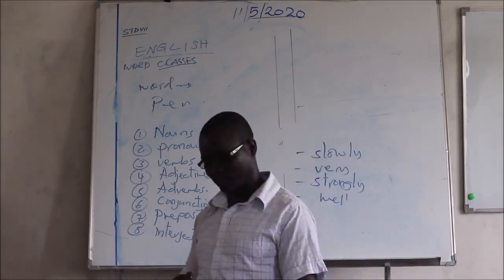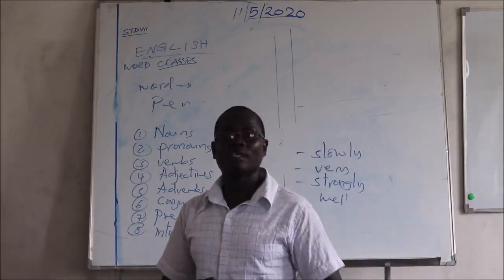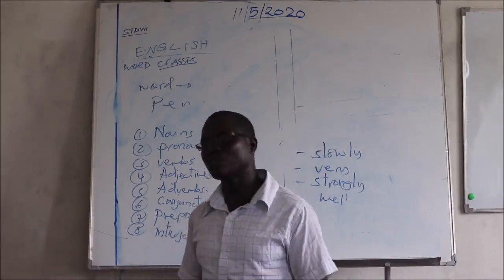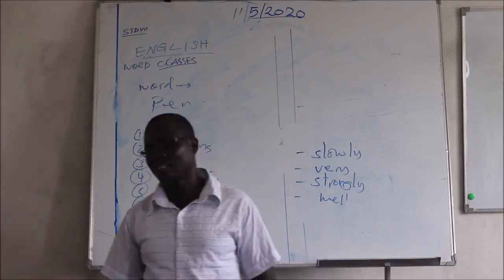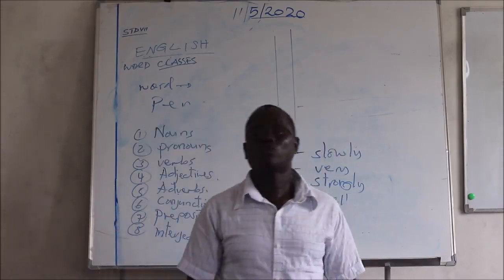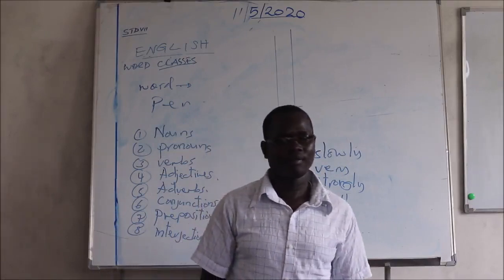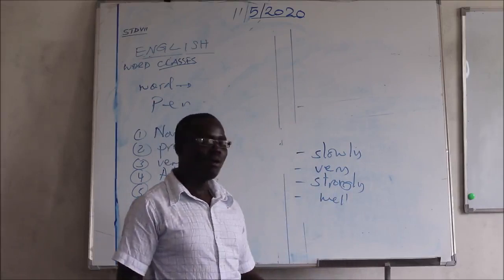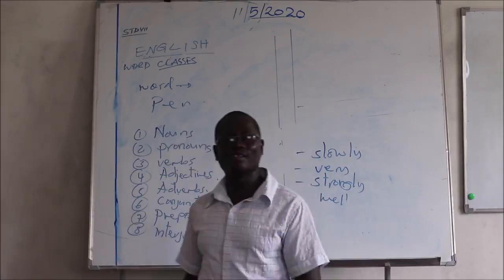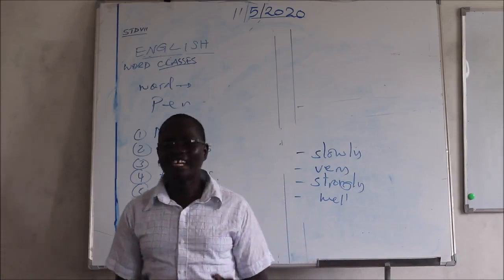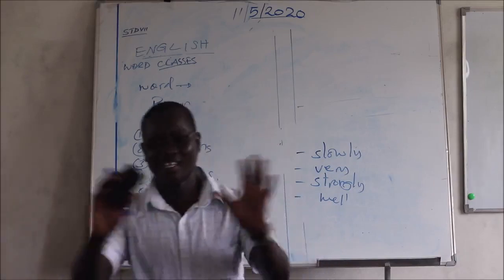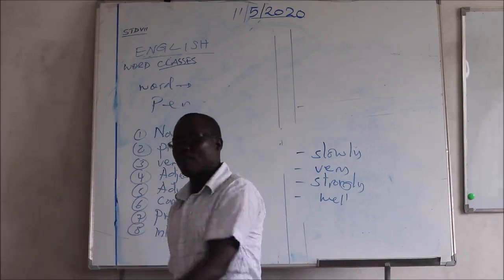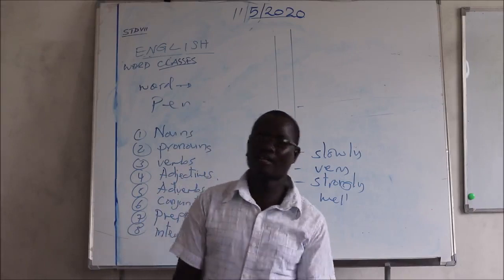An adverb can describe a verb. In a sentence, for example, when I saw him, he was talking loudly. Now, loudly is an adverb describing talking, which is a verb. Then, a sentence showing how an adverb can describe an adjective: she is very polite. Now the word very is describing polite, which is an adjective.